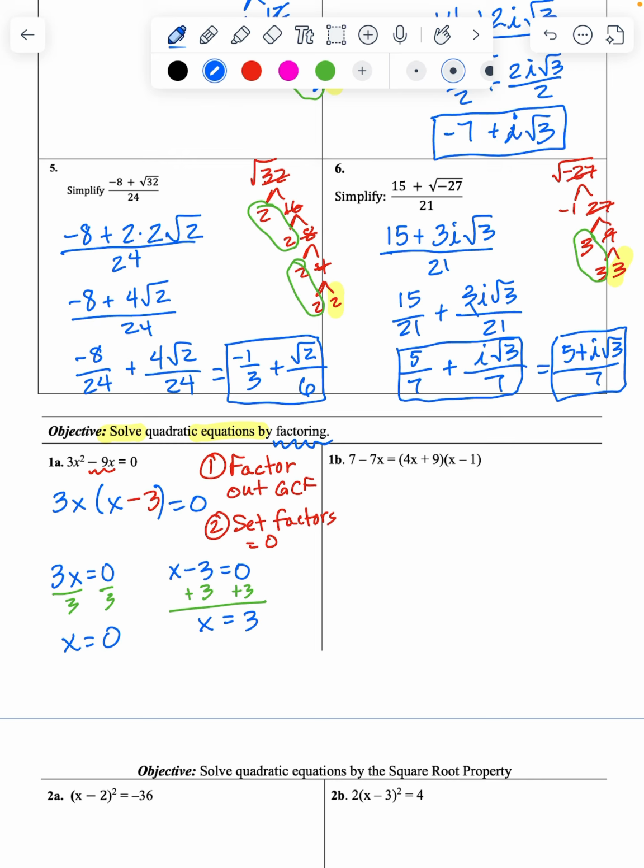So we undo whatever operation is there so we can get the x by itself. And it would be best to check our answer by plugging these x values into the original equation one at a time, making sure we get 0. 0 squared is 0 times 3 is 0, minus 9 times 0, 0 is 0, so that one is verified.